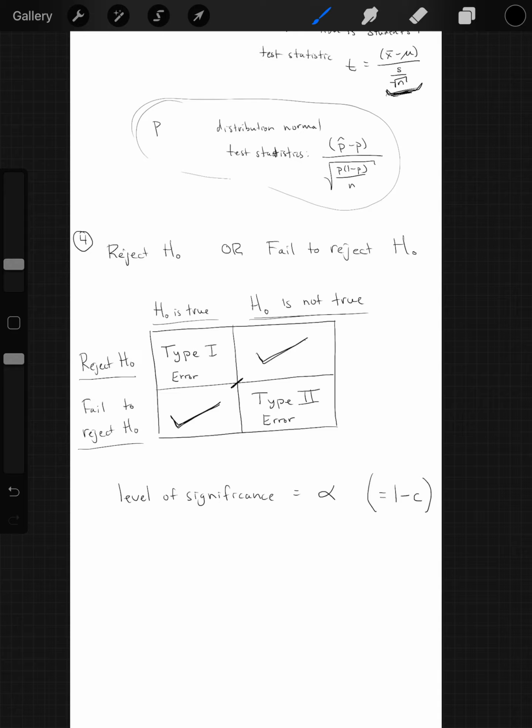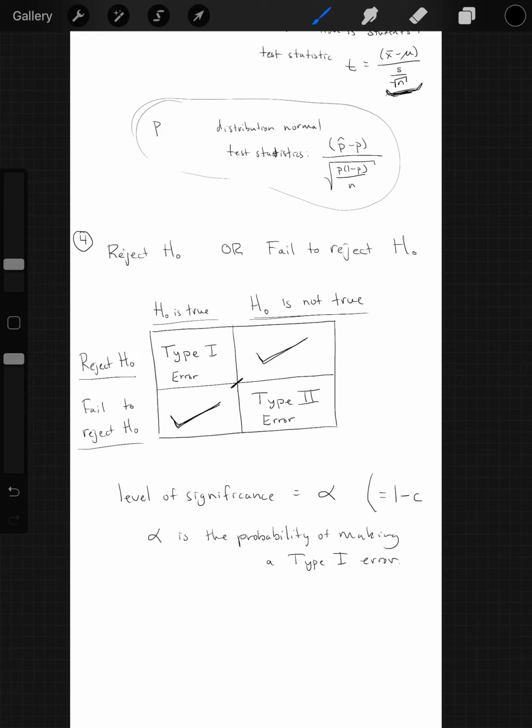But as it turns out, there's a reason why it has its own letter associated with it rather than always just being 1 minus C. And that's because alpha is also the probability of making a type 1 error.